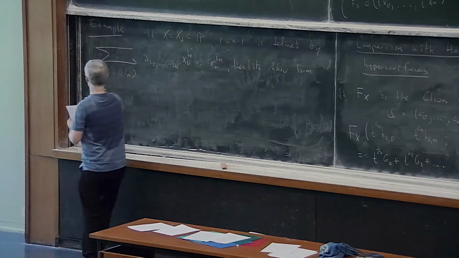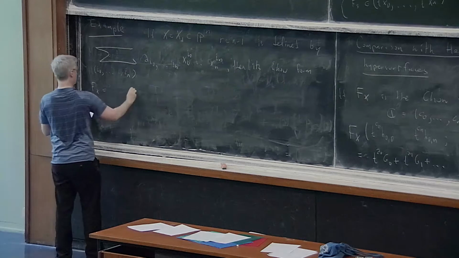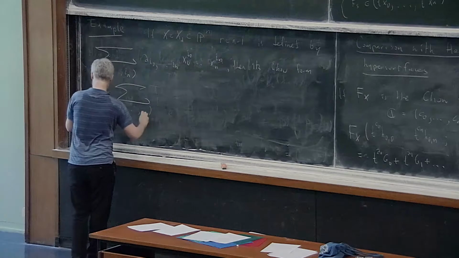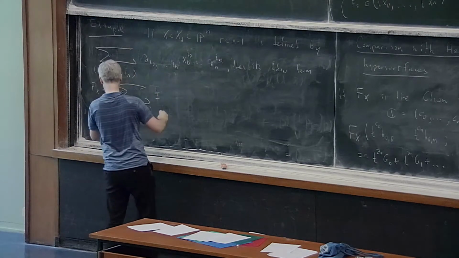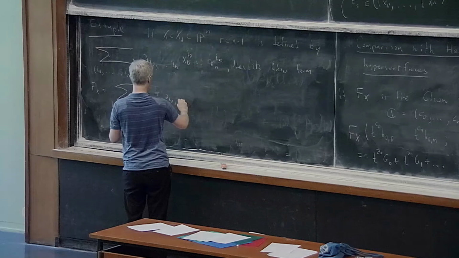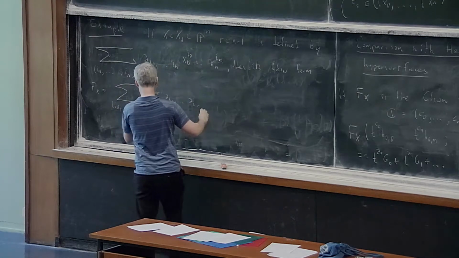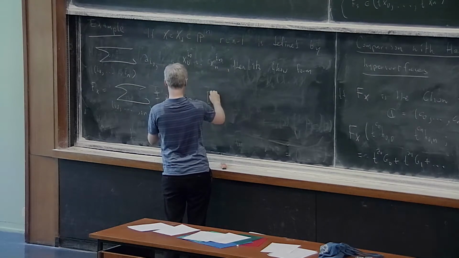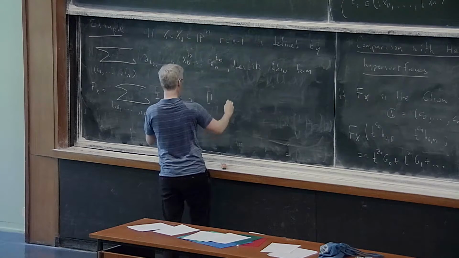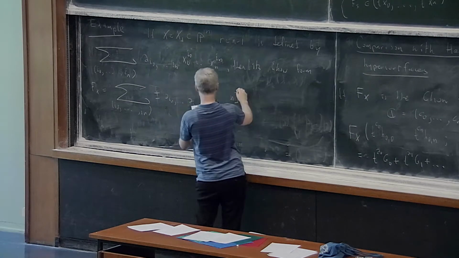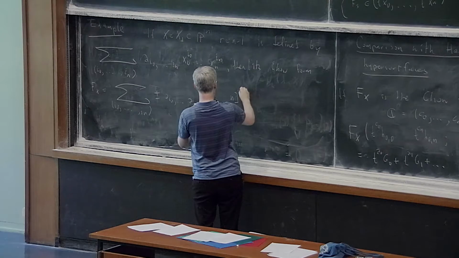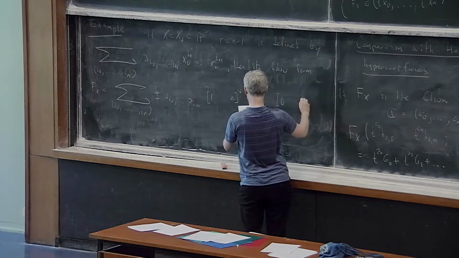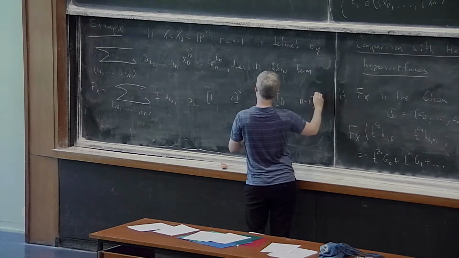So this Chow form is just the same polynomial in these minors. I may have a sign problem here, but this will not matter, so I don't care about the sign. And then I write it like this. This is a notation you find in classical texts in algebraic geometry, like Hodge and Pedoe, books written in the 50s. I will explain this notation here: 0, n minus 1, i of n.